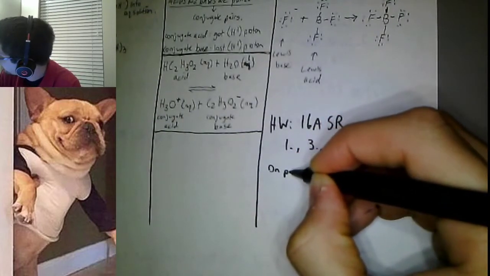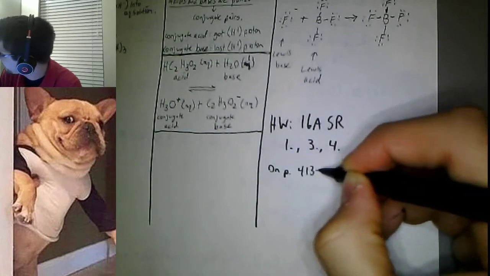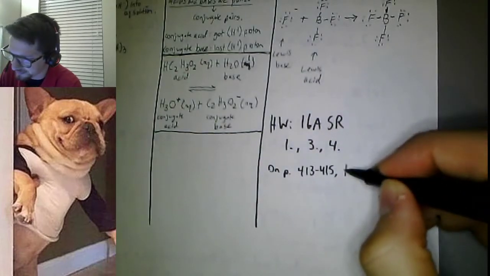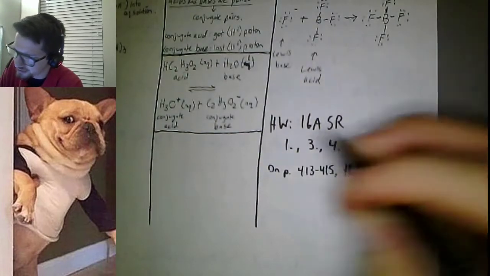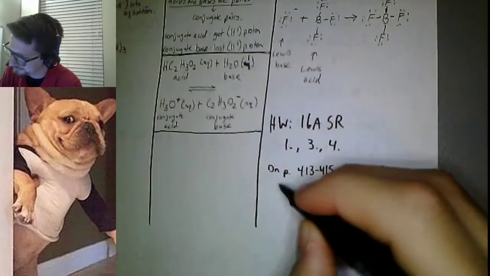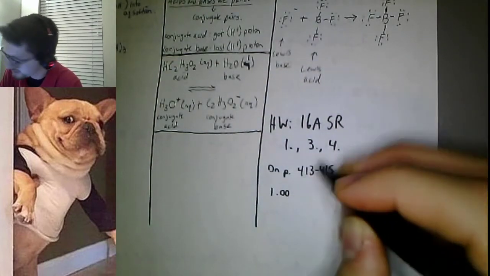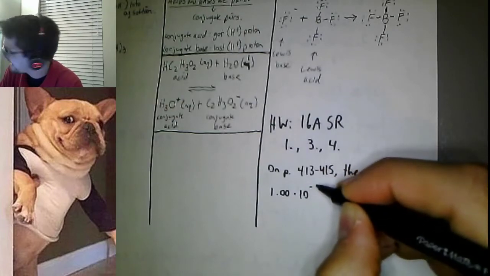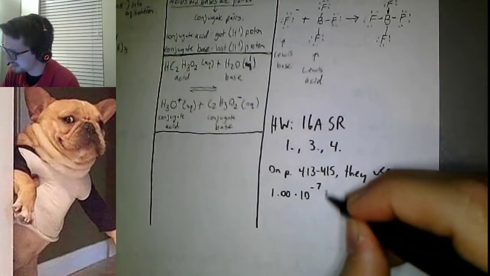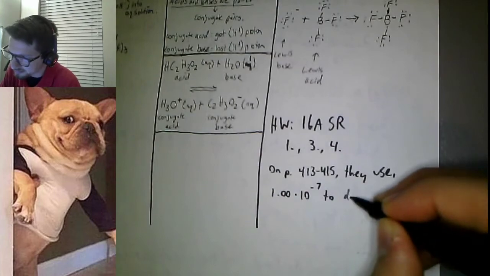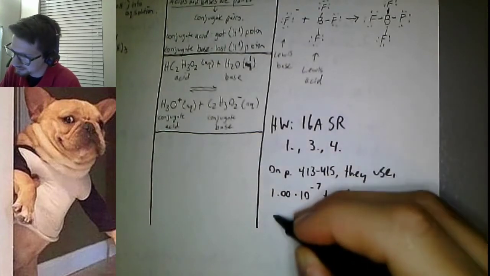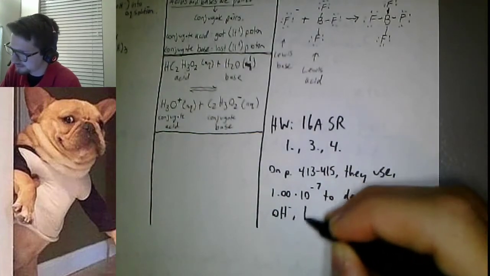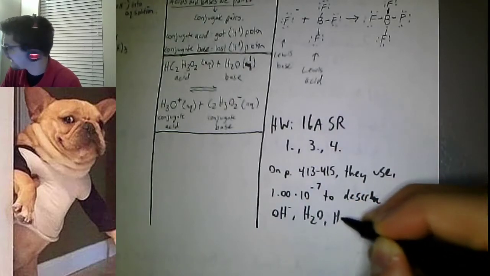On pages 413 through 415, they use this notation: 1.00 times 10 to the negative 7. And they use that to describe hydroxide, water, and H3O.